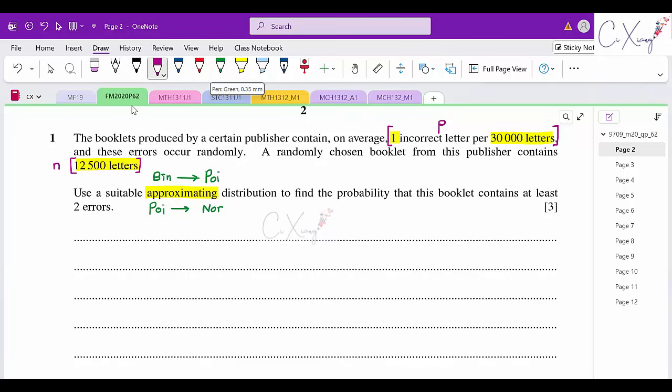This means we are going from binomial to Poisson.